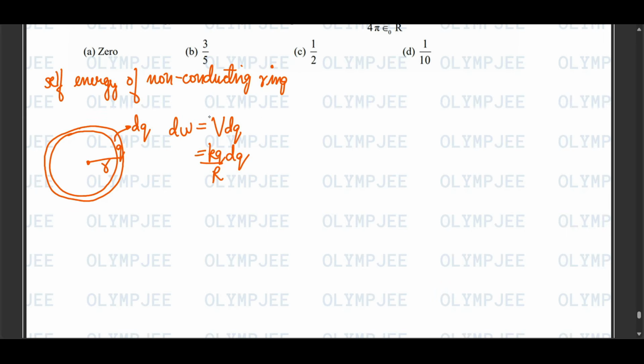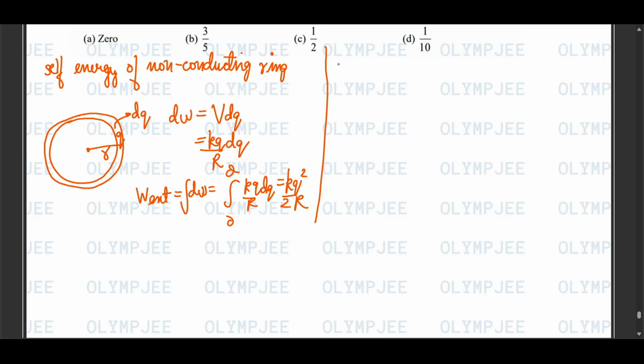So the work done to bring 1 coulomb from infinity to this radius r is v, right? That is the different definition of v. So for dq it will be v dq. So now we can integrate this, from 0 to q, and we get this as kq square by 2r.